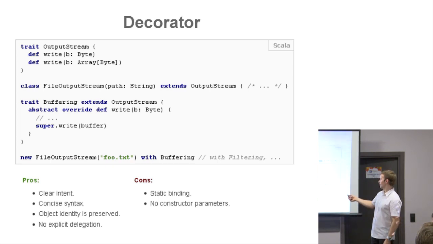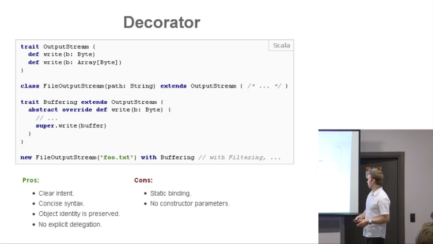That is a much shorter version and a much more direct approach. And another advantage is that object identity is preserved, because when we use composition in Java, we hide object identity inside the decorator wrapper.